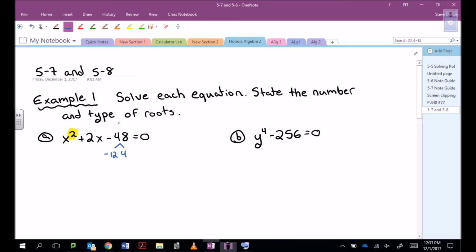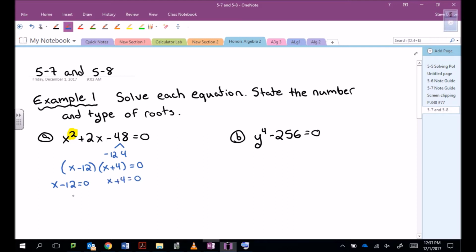you would find factors of negative 48 that somehow combine to give us positive 2. In this case, we're going to look at factors negative 12 and 4. So that factors into x minus 12 times x plus 4, and both of those factors are set equal to 0. Now, the zero product property says I can say x minus 12 equals 0, or x plus 4 has to equal 0.